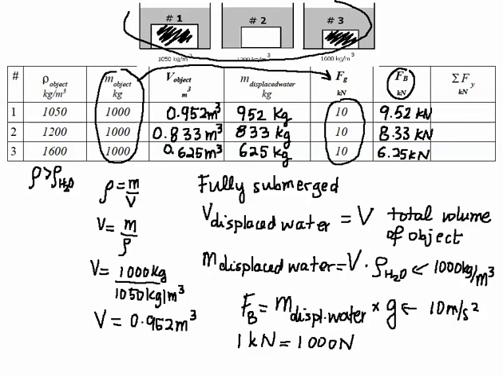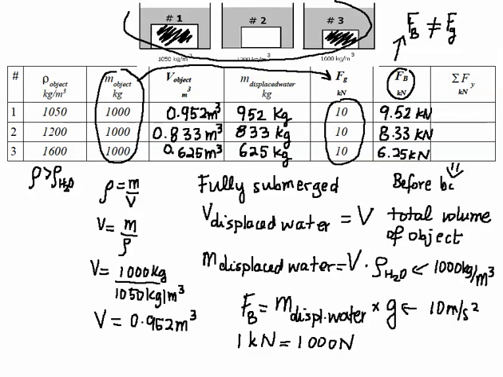So now the Fb is no longer balancing out Fg. They are different and Fg wins. Fg is larger. That's why the objects sink to the bottom. So we can calculate the difference between Fb and Fg, and this will be the net force acting on the block before it reaches the bottom.